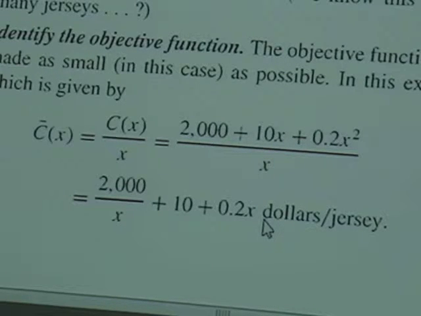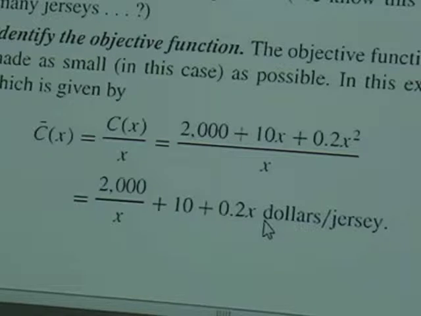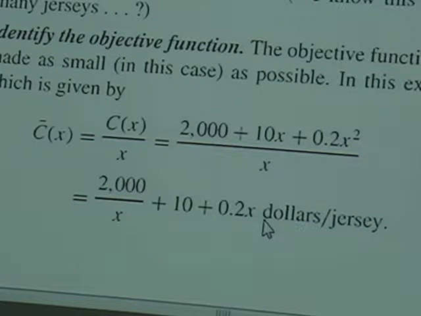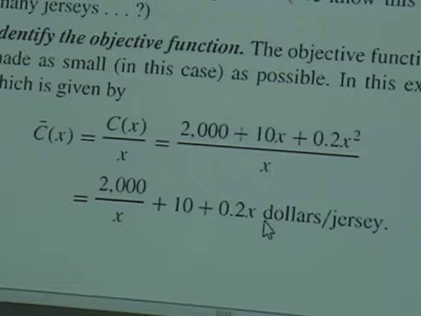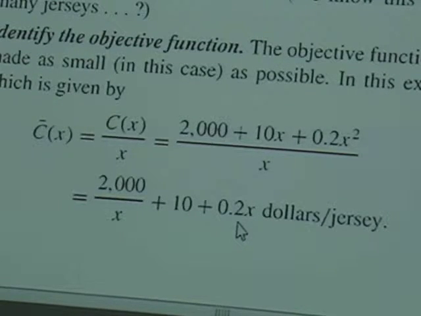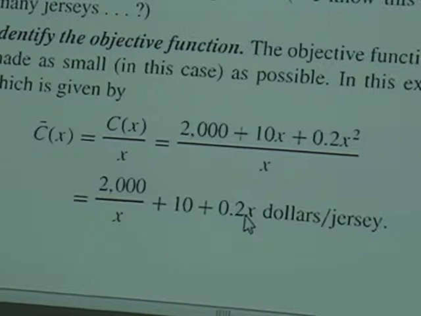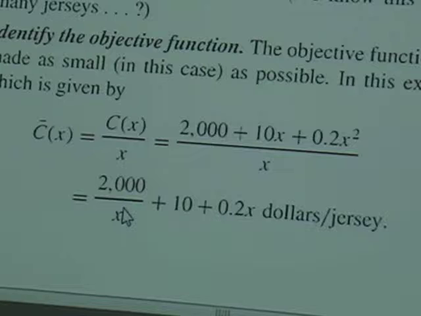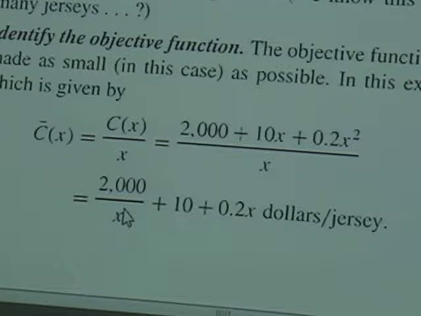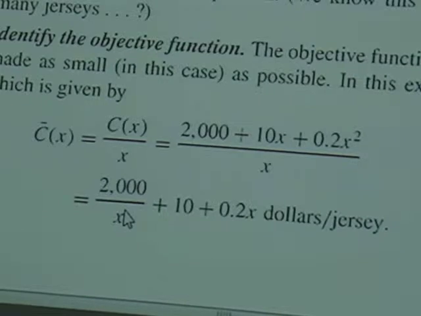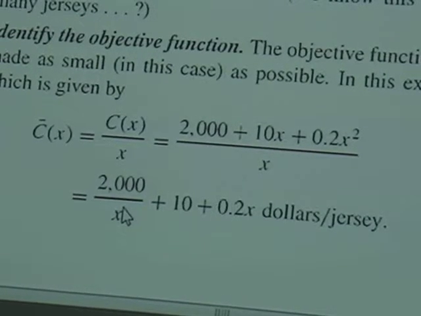That means if you produce more, maybe the average cost changes. Now this part says the average cost will increase as x increases, but this part says the average cost will decrease as x increases. So together it's going to be the sum of those two factors plus the other factor, the 10, but that doesn't change. So for different x's, the average cost is different.